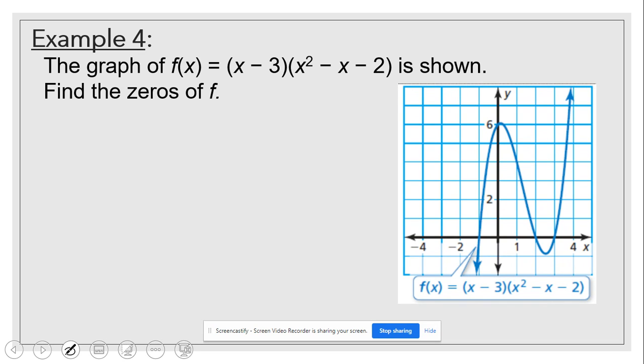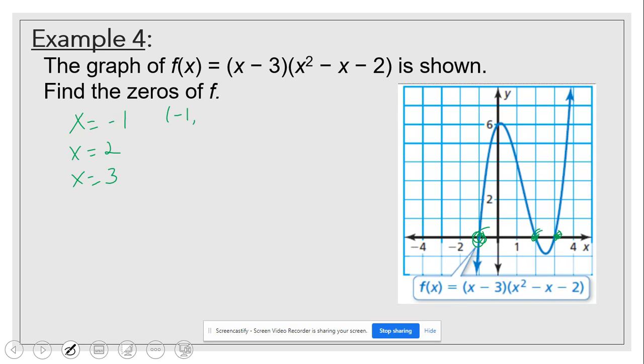Now, if you're given a graph and you're asked to find the zeros of this, all you're looking for is where it crosses the x-axis, those x-intercepts. Because remember, the x-intercepts are the solutions to the equation. So if we look here, we're going to have 3 x-intercepts: an x-intercept at -1, an x-intercept at +2, and an x-intercept at +3.